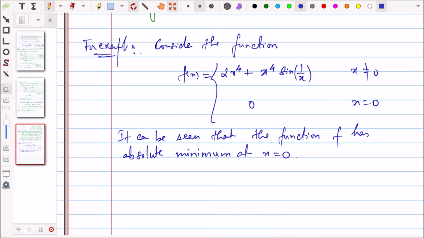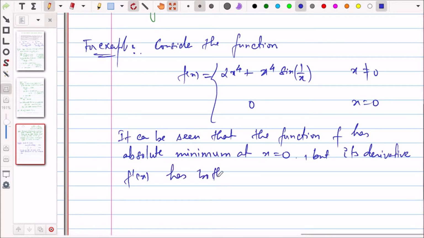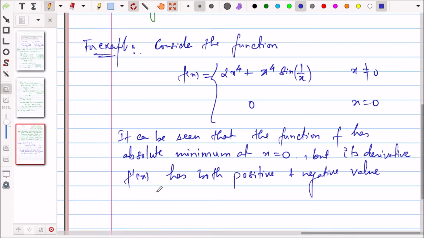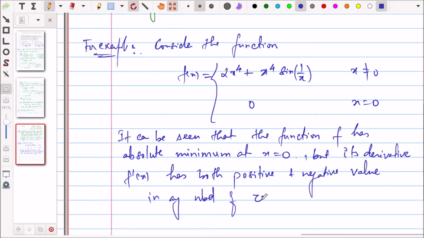Since the function has an absolute minimum at x equal to 0, but its derivative f dash x has both positive and negative values in any neighborhood of 0.